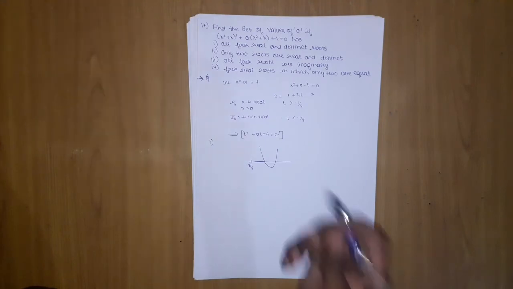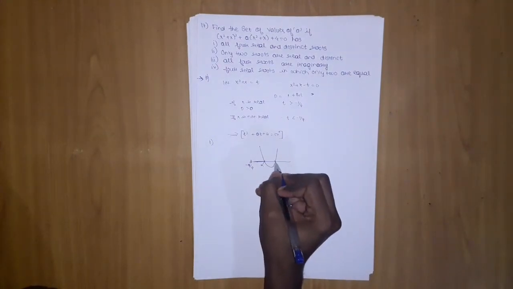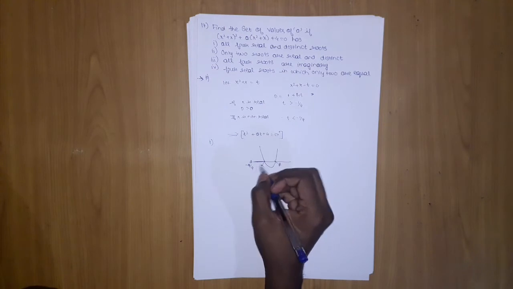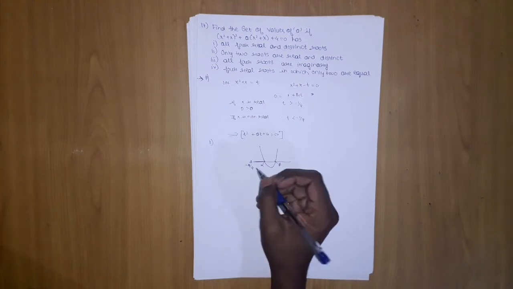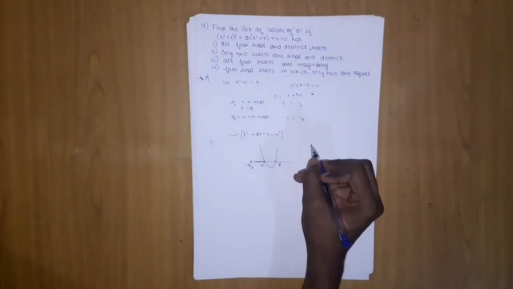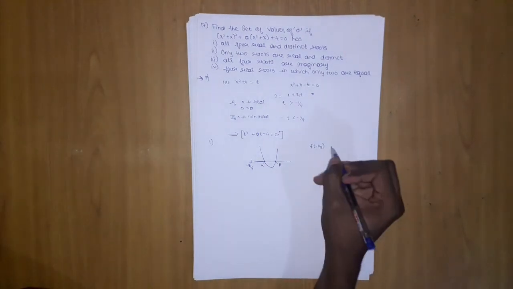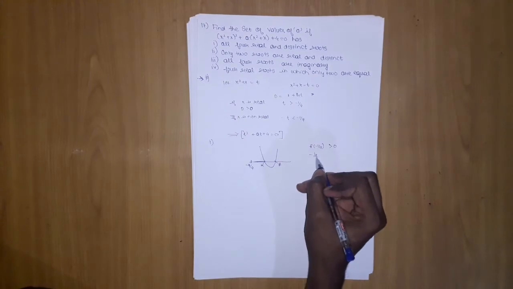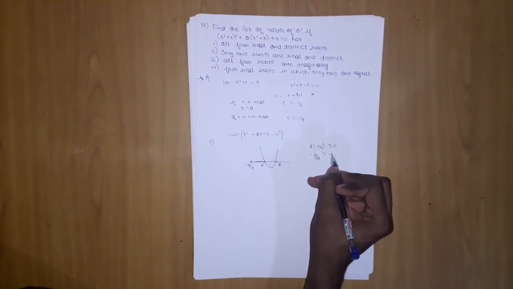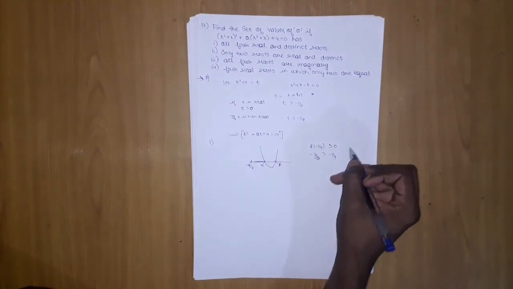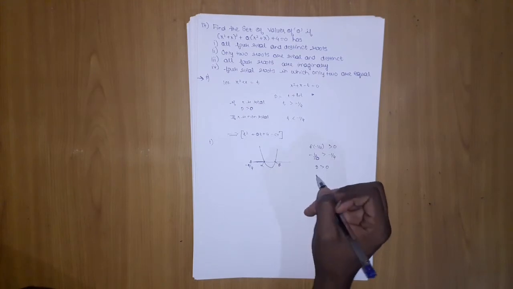We have seen many problems like this. If its roots are alpha, beta, we have to make conditions. The conditions are f of minus 1 by 4 should be greater than 0, minus b by 2a is greater than minus 1 by 4, and D is greater than 0.